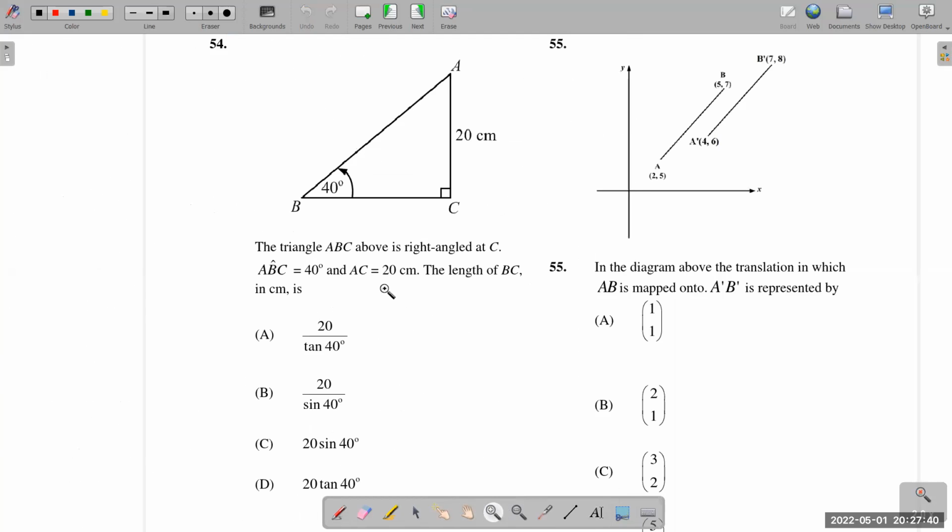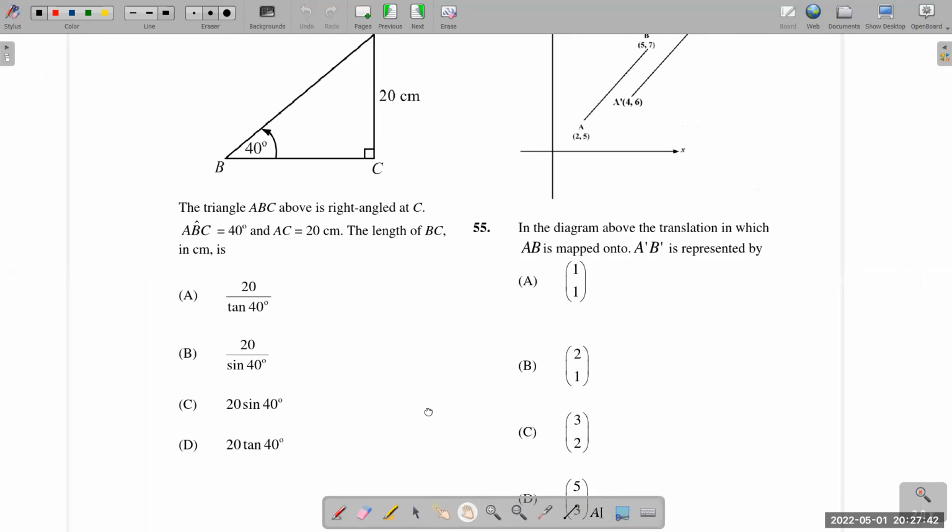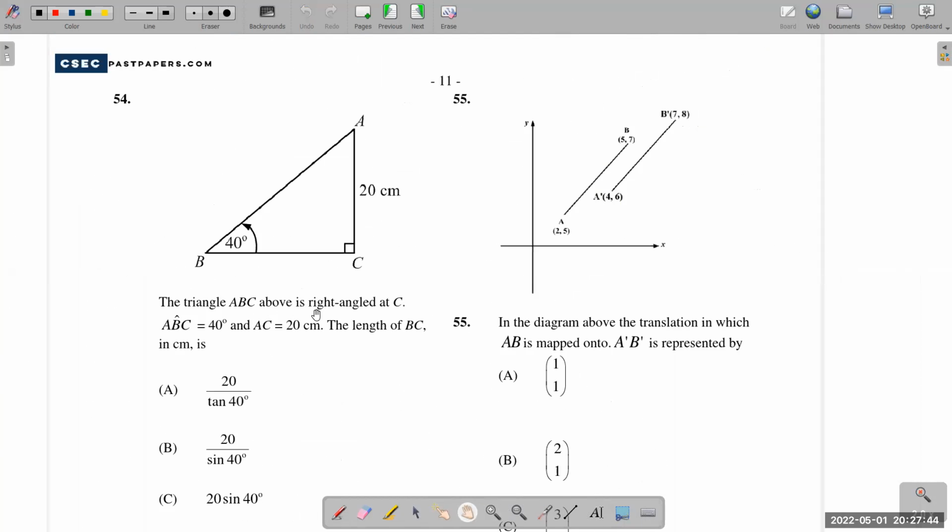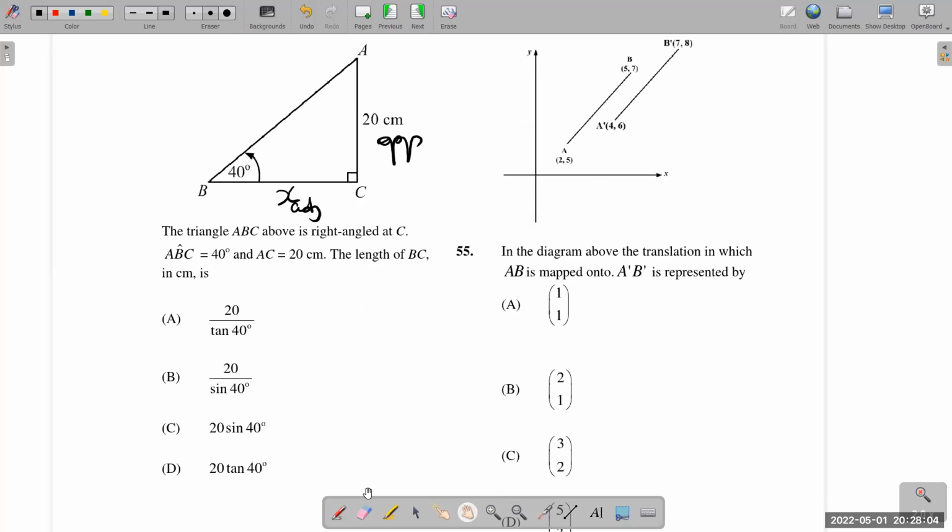A triangle. Oh my God, this is stressing me. A triangle ABC is a right angle. Angle ABC is 40 degrees and C is 20. The length of BC is, where's BC? Here. We already know what we're supposed to be using. Because if this is the adjacent and this is the opposite, what ratio should I be using?